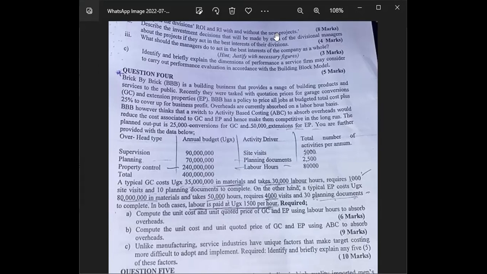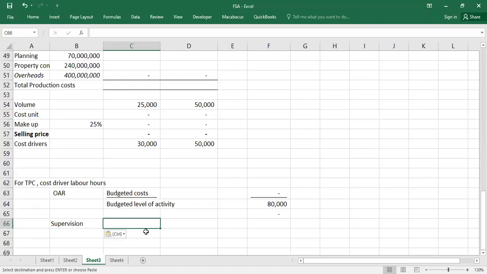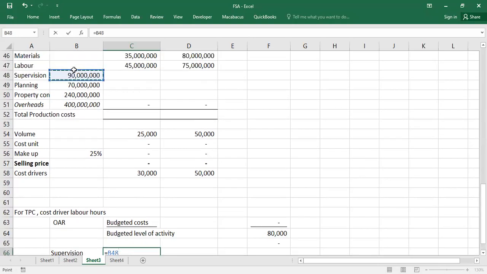So you come here and you say 5,000, which will be divided into the supervision cost of 90,000.